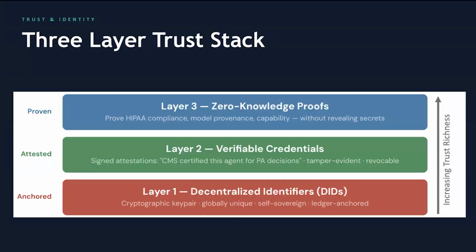Completeness: an honest prover always convinces an honest verifier. Soundness: a dishonest prover cannot convince a verifier of a false statement except with negligible probability. And zero knowledge, which is the whole premise: the verifier learns nothing beyond the statement's validity. Together these give us the three-layer trust stack for agents connecting and communicating with one another.